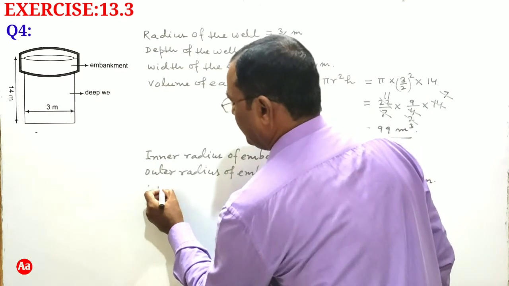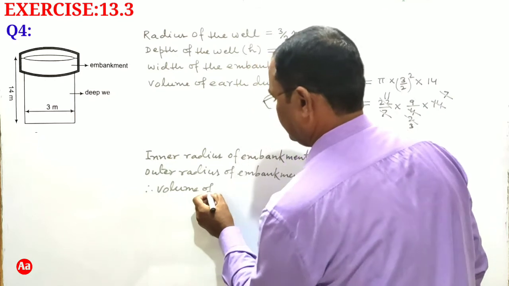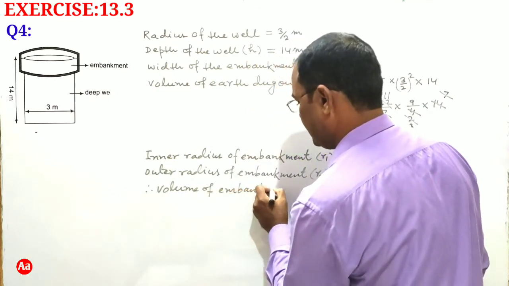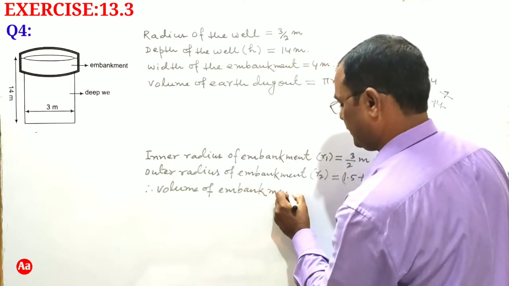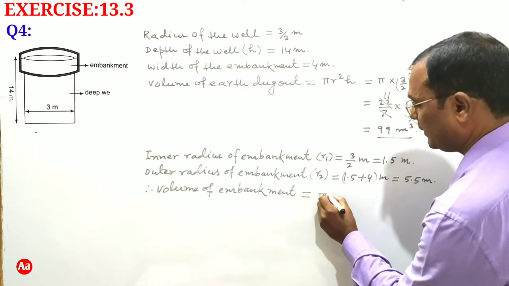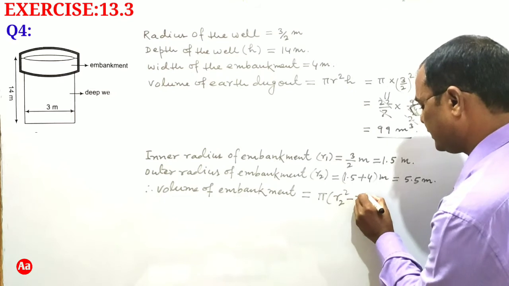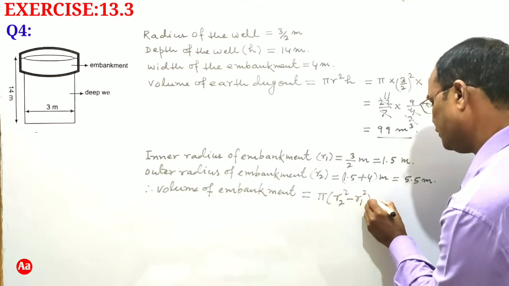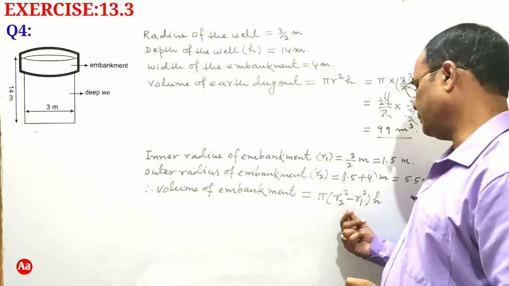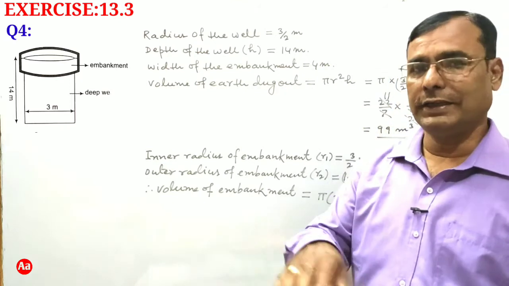So volume of embankment, which is circular in shape, is equal to pi R2 square minus R1 square into H. This will be volume of the embankment, because embankment is in the shape of cylinder.